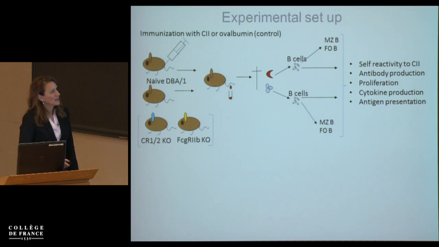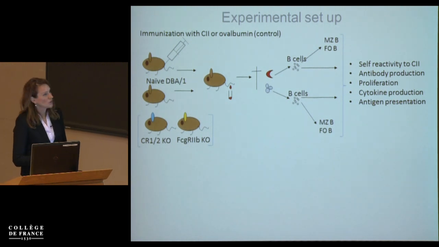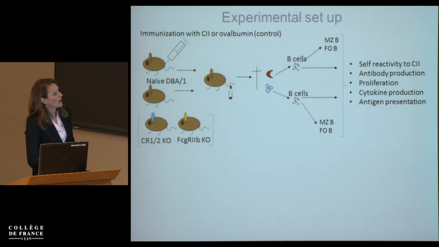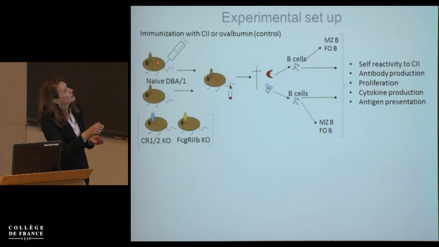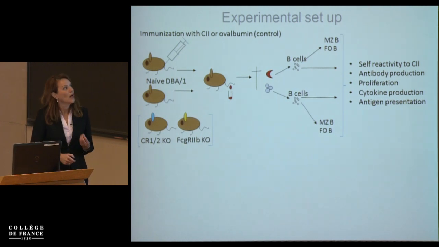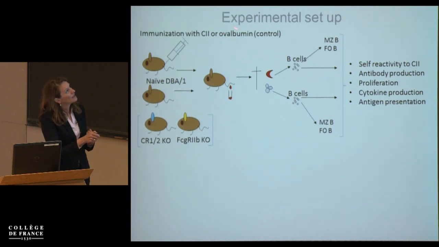So the experimental setup was that we used the susceptible strain of mice, the DBA1 mice. We used naive ones that were untouched, and then those that we immunized with collagen. As a control group, we used mice that were given another protein, ovalbumin, instead of collagen. We also used mice that were knocked out for the complement receptors 1 and 2 that I described previously, and also the Fc gamma receptor 2b knockout mice.